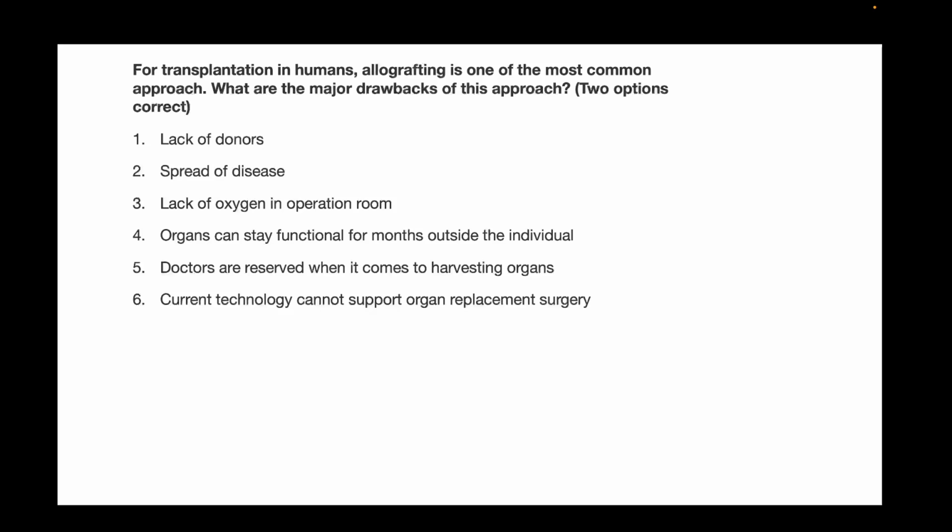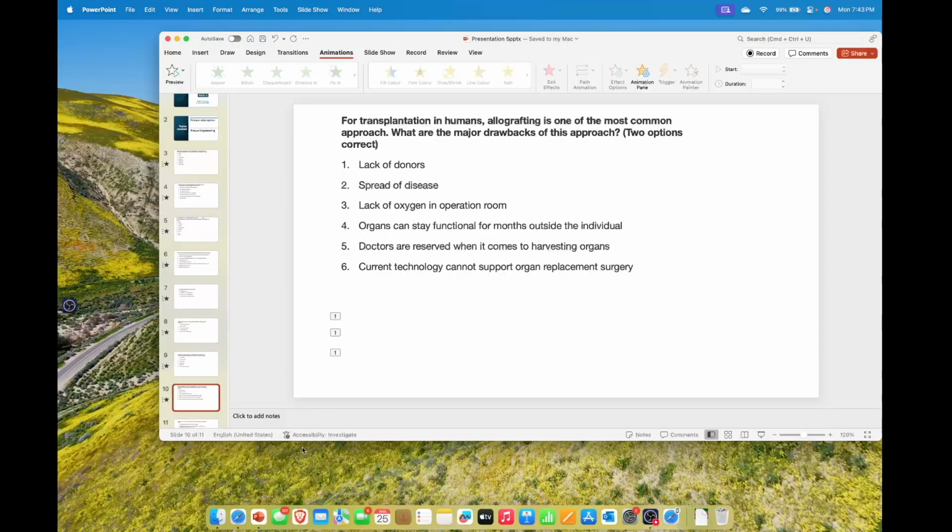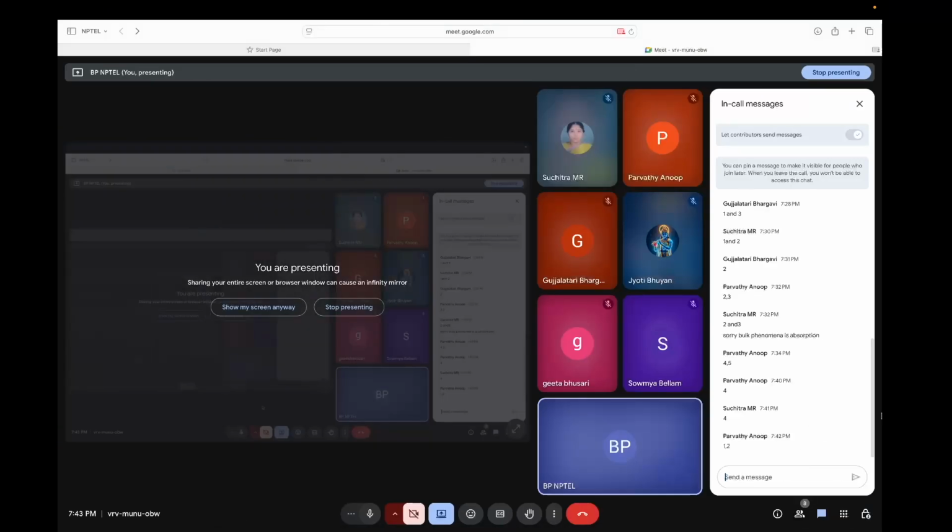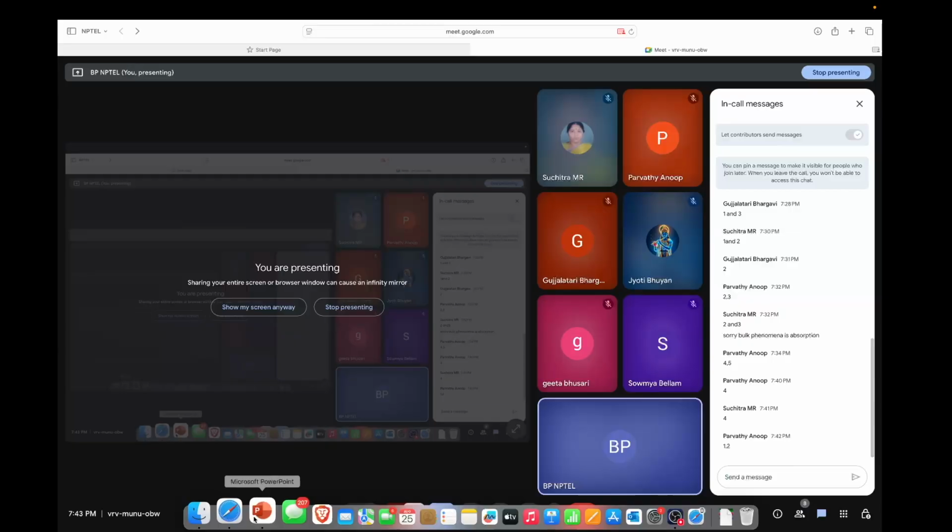Which of these two options are the major drawbacks of allografting? Option 1 and 2. Okay. Anybody else?